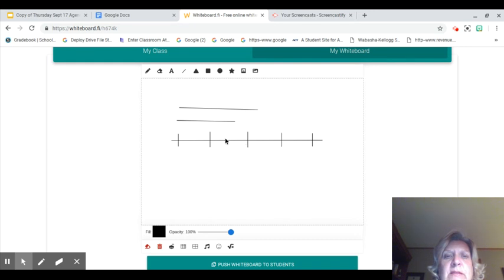So if these are whole inches, half of one whole is 1/2 an inch. So anything that's lying between 1/2 inch under 10, that would be 9.5, up to 1/2 inch over 10, so this would be 10.5.